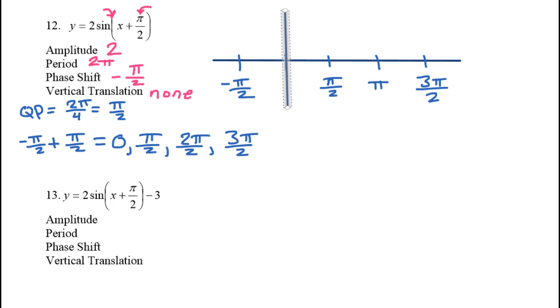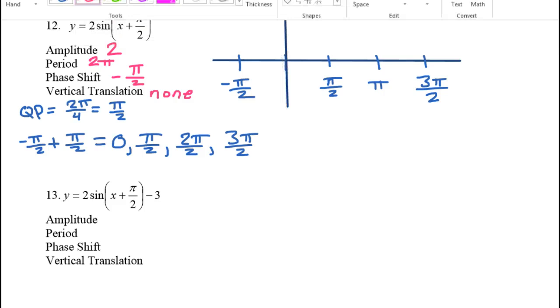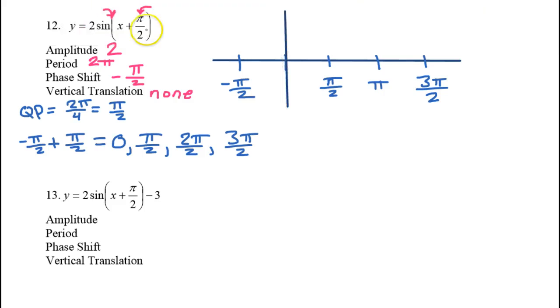So just be aware of that. We should label this y-axis. The amplitude is 2, so for that reason I'm going to call this 2 and I will call this -2.